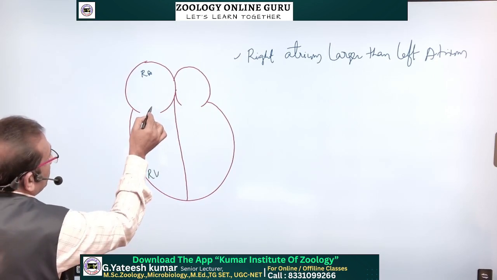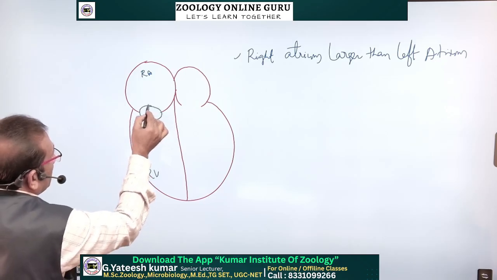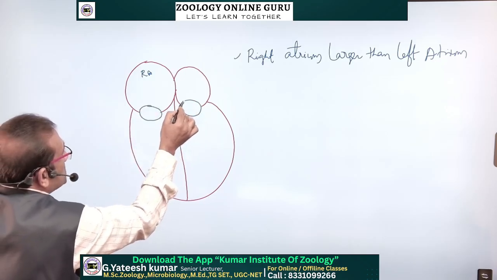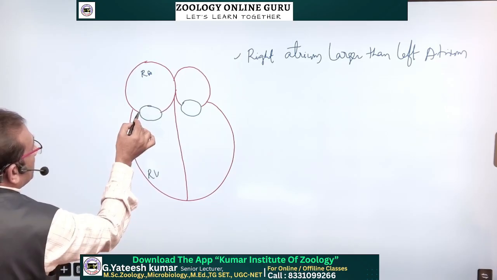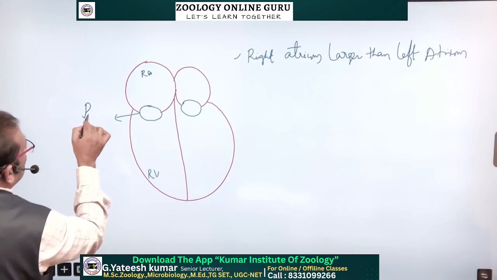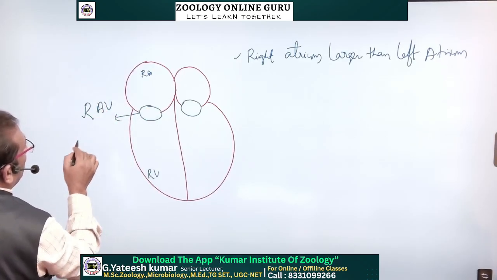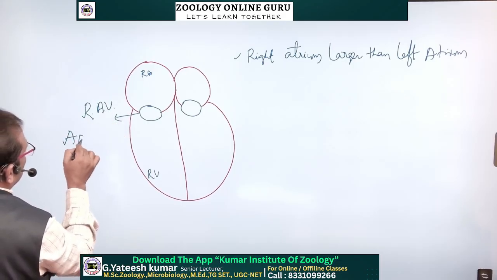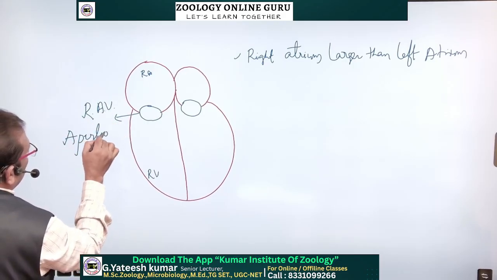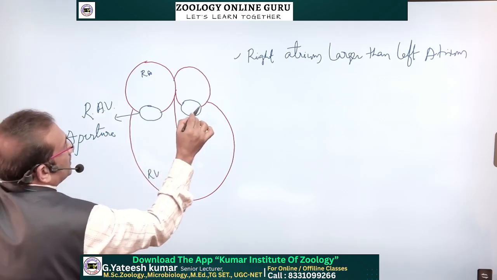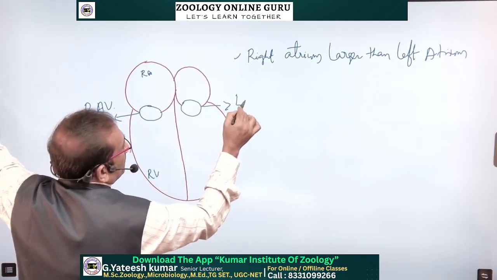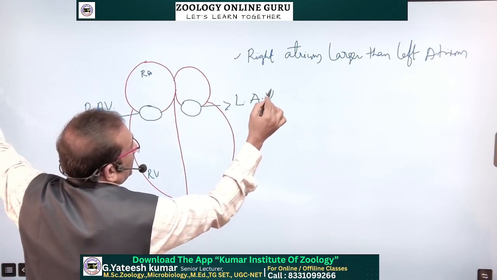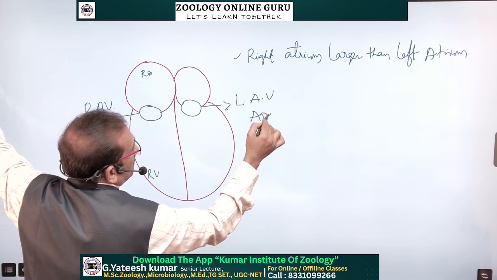This entry, or this hole, is called the right atrioventricular aperture. This one is the left atrioventricular aperture.